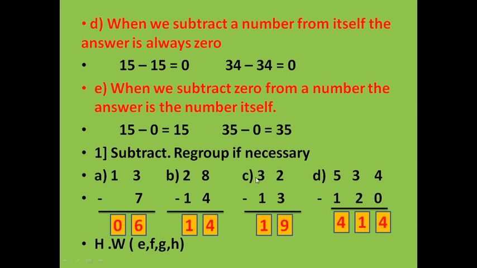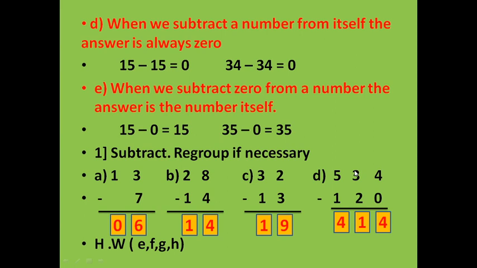So I will subtract 1 from this 3. This 3 becomes 2, and this 2 becomes 12. Now count from 3 to 12: after 3, 4, 5, 6, 7, 8, 9, 10, 11, 12, it means 9. If you count from 3 to 12, it will be 9. Now here I subtract 1 from 2, it will be 1.